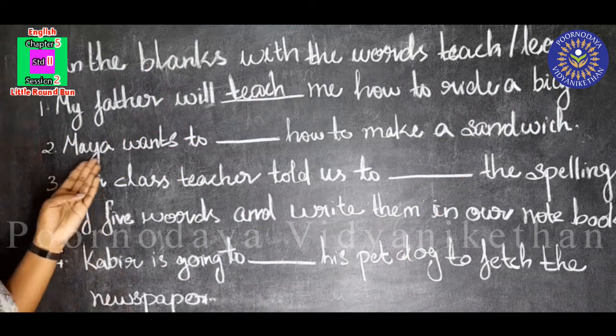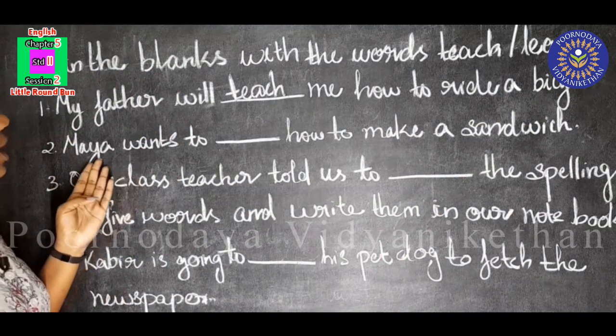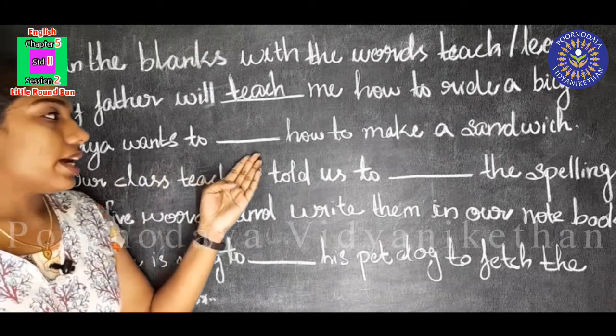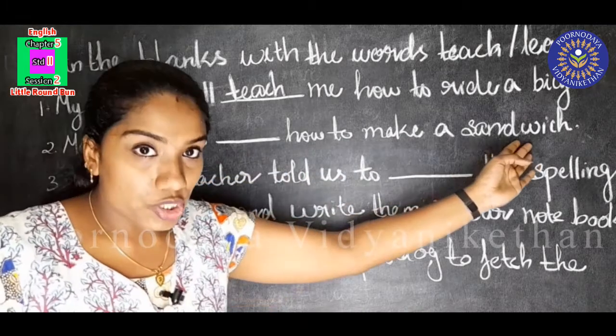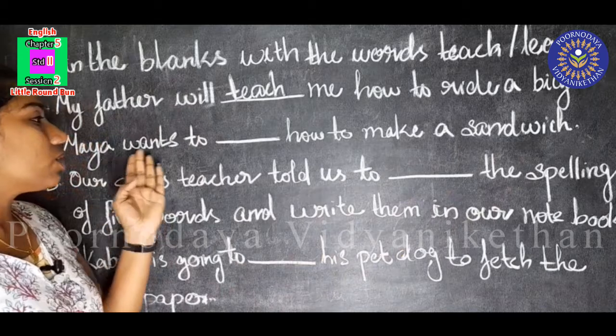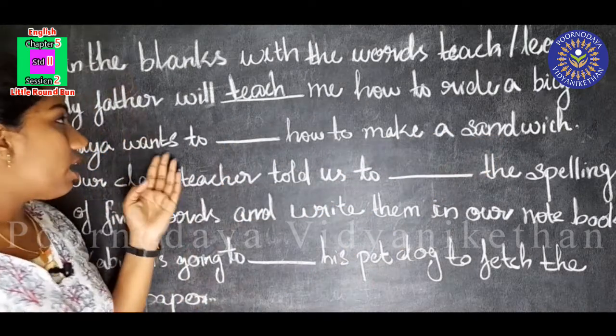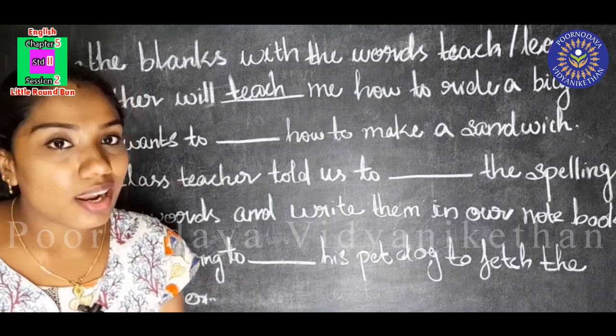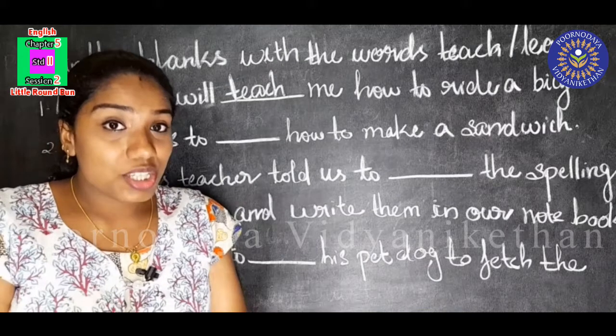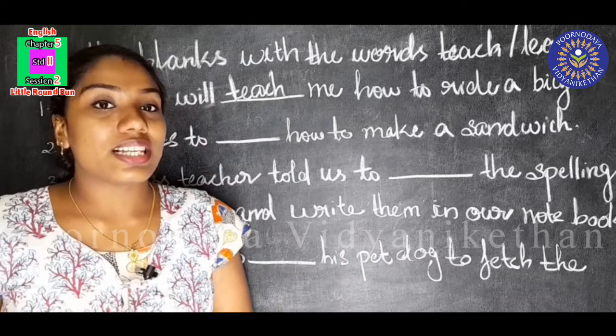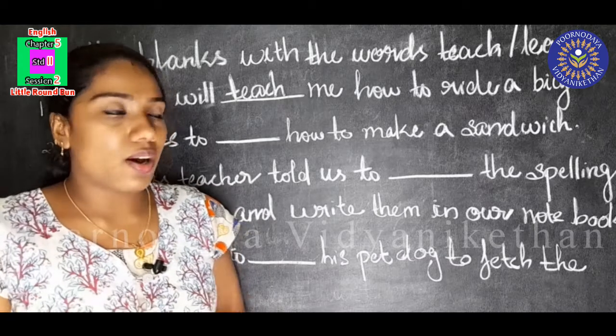Now we are going to do the second one. Maya wants to dash how to make a sandwich. Maya wants to teach or learn. Learn means to get the knowledge and teach means to give the knowledge.